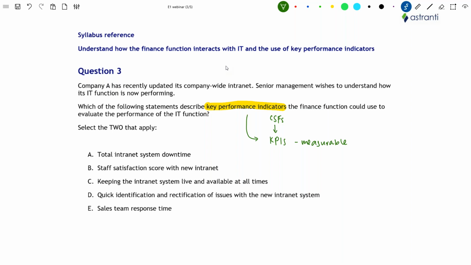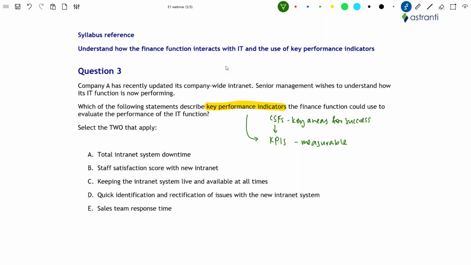And critical success factors are critical areas that the organisation has to do well in if it's to be competitive and profitable. So these are key areas for success. And so KPIs provide a way to measure these critical areas for success. And it's this distinction between CSFs and KPIs that's really important for this question and any similar questions you might get like this in your exam.